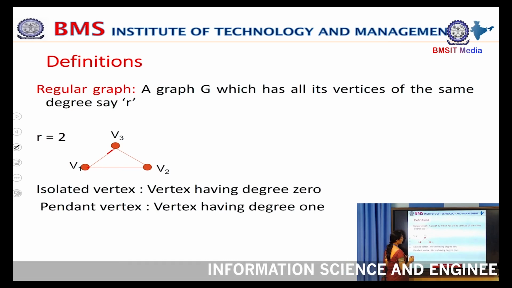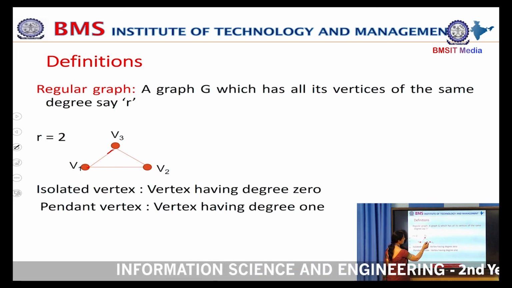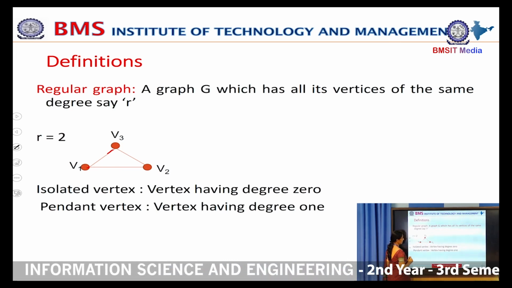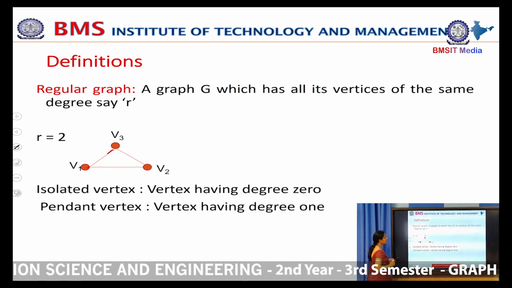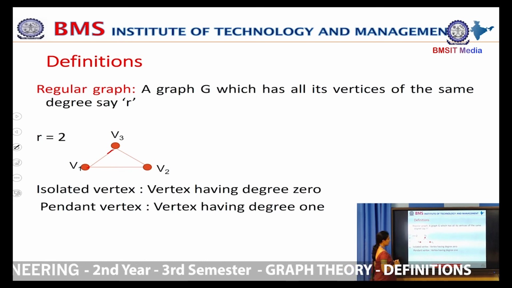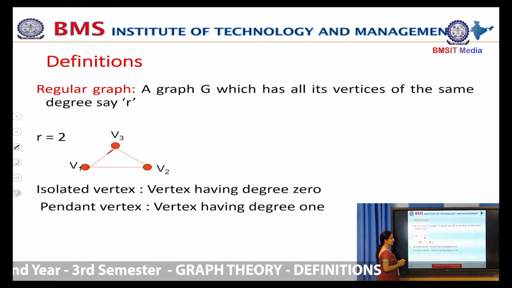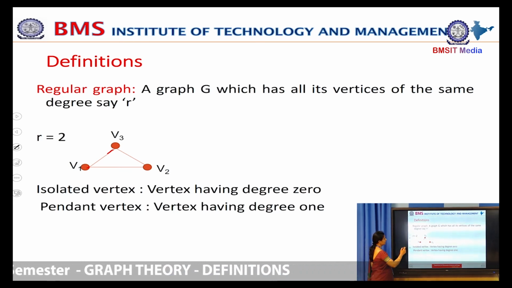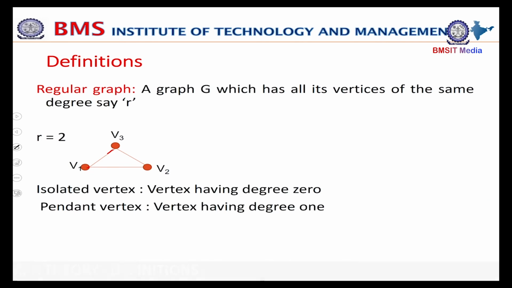Since all the vertices have the same degree, we call it a regular graph. An isolated vertex has degree 0, a pendant vertex has degree 1, but in a regular graph we need all the vertices to have the same degree.